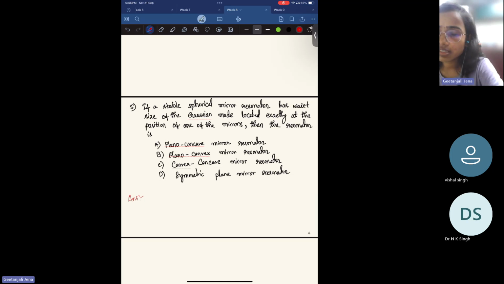The first option is plano concave, second is plano convex, third is convex concave, and last one is symmetric plane mirror resonator.